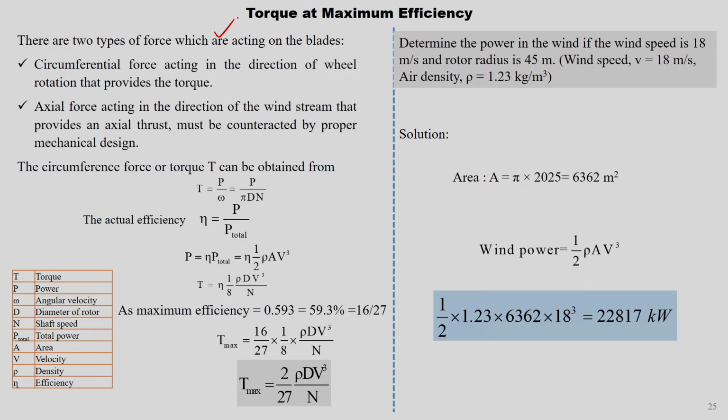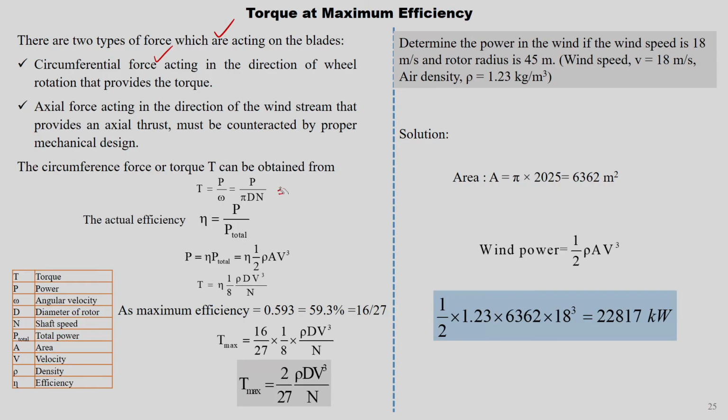So, there are two types of forces acting on the blades. One is circumferential force, which acts in the direction of wheel rotation and provides the torque. The second one is axial force in the direction of the wind stream, which will be countered by proper mechanical design. The circumferential force or torque can be obtained from T equal to P upon omega.